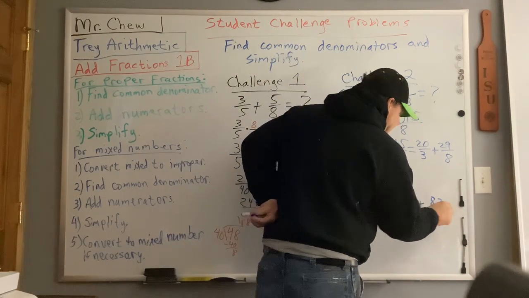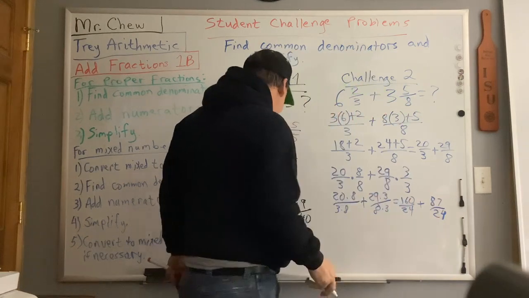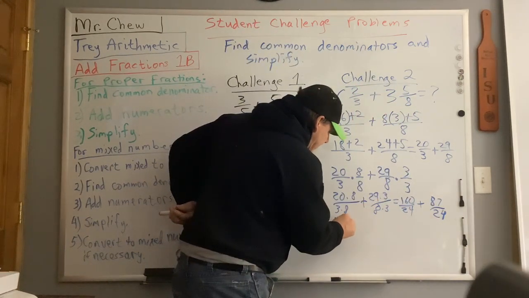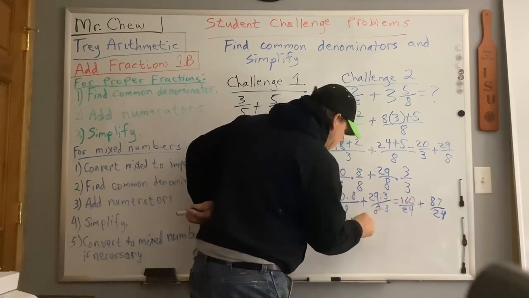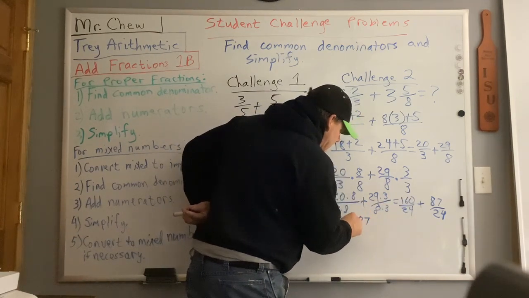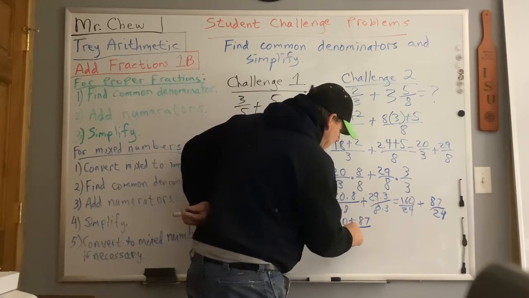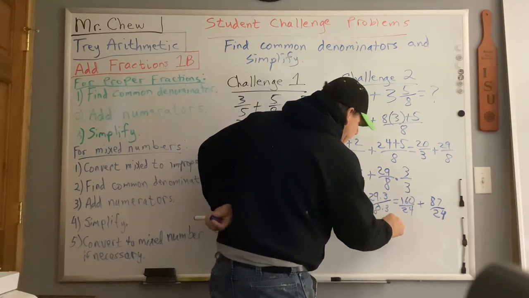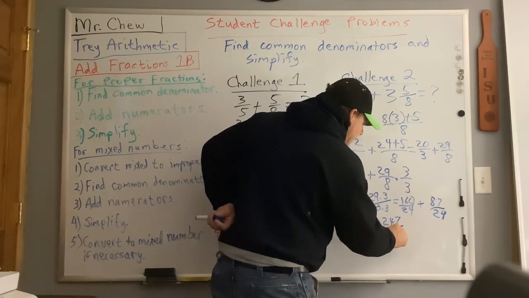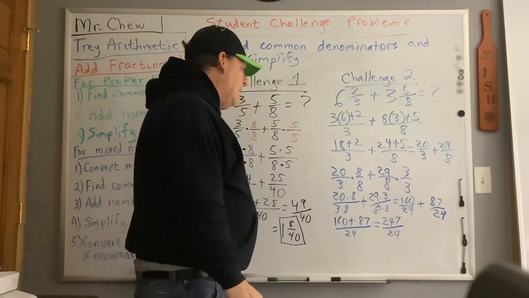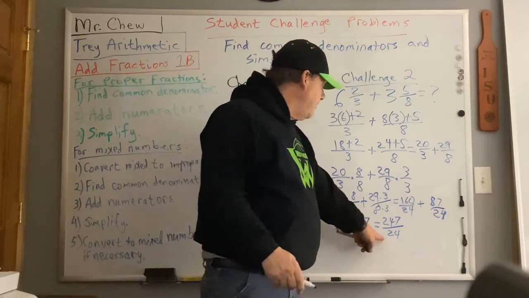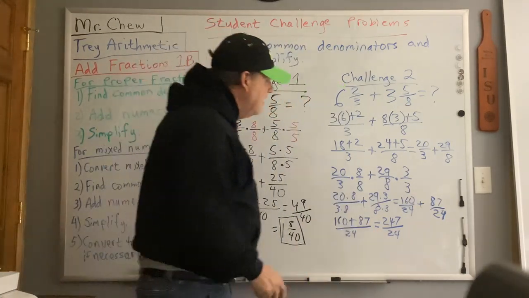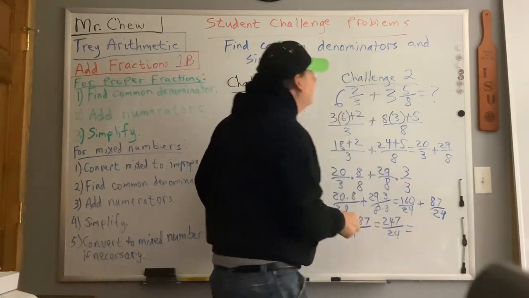So anytime that I have the same denominator, I can add the numerators. So it's going to be 160 plus 87 over 24, which equals 247 over 24. Okay, so now this is called an improper fraction, and I have to use my division property to figure out what the mixed number is.